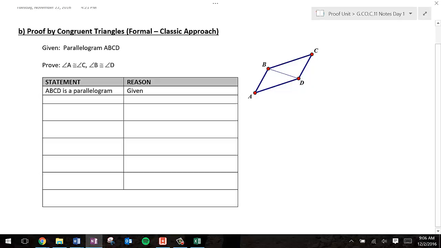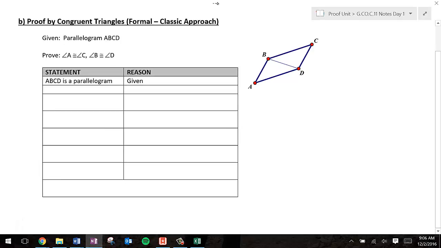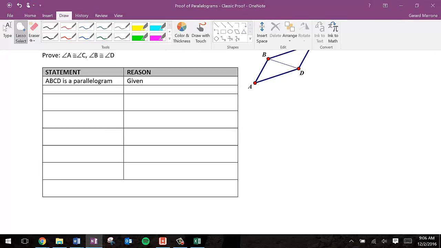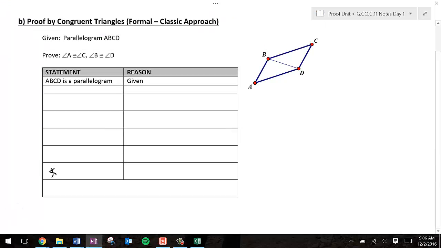So they gave us a parallelogram, and they want us to prove that angle A is congruent to angle C. Just like we've done with all of our other proofs in class, we are going to make sure that we put down here that angle A is congruent to angle C as our target. If you notice, they gave us diagonal BD here.